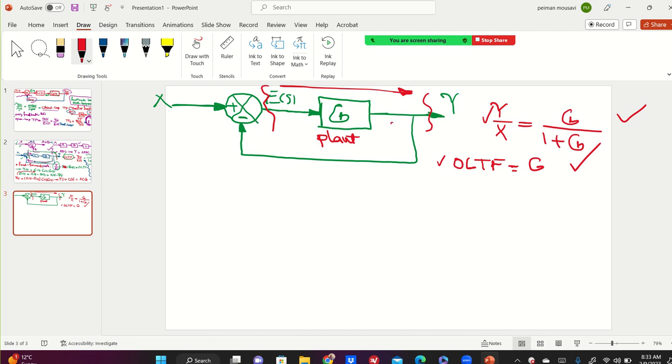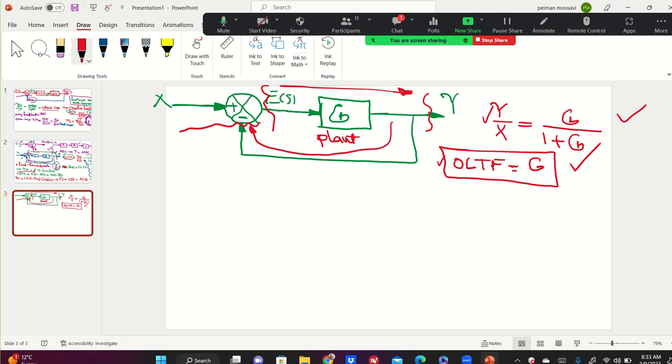In the closed loop transfer function, you are feeding back. The open loop transfer function is feed forwarding, meaning that we are cutting the system from here and it is not being compared with the X. See what I'm saying? Okay, clear, guys?